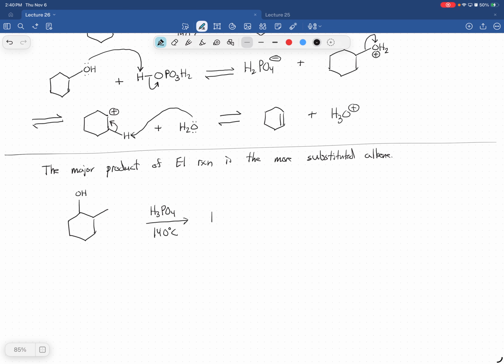Yeah, so the tetra- or tri-substituted alkene will be the predominant product. Like that.